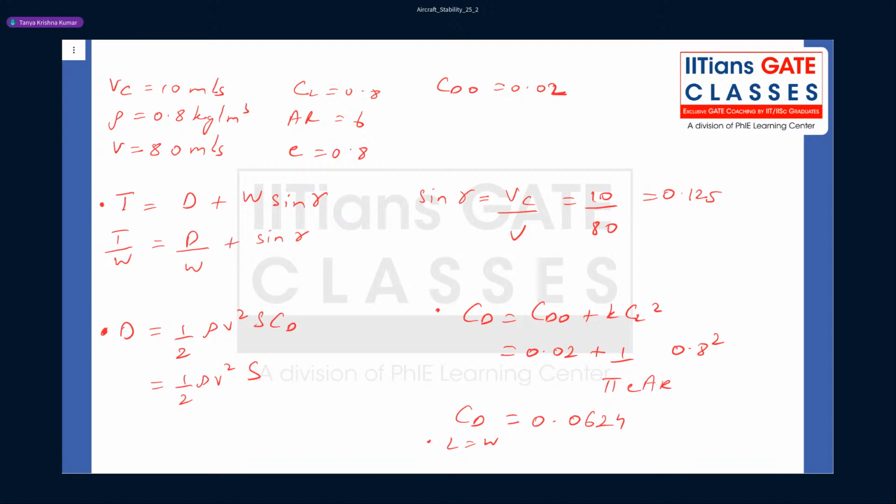So from there you get half rho V squared S CL. From here you get the equation for S and you can plug it in. So you get half rho V squared, and in place of S you take it from this equation. You get 2W by rho V squared CL, and this is CD.